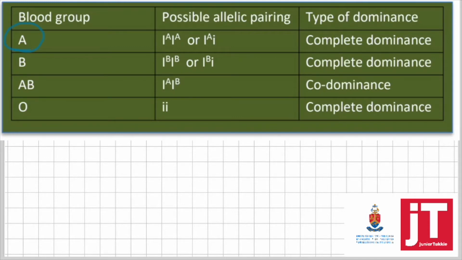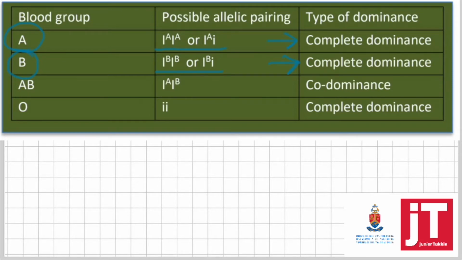The first one we have is blood group A, and blood group A is determined by the allelic pairing of I dominant A. So here we have a homozygous pairing or a heterozygous pairing with the recessive allele for blood group O. This is an example of complete dominance, along with blood group B, where we have the homozygous pairing of blood group B or the heterozygous condition, both resulting in blood group B. This also is an example of complete dominance.